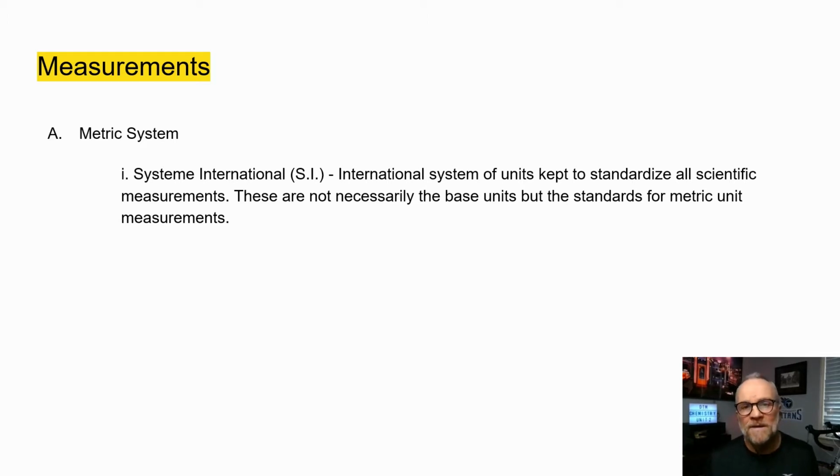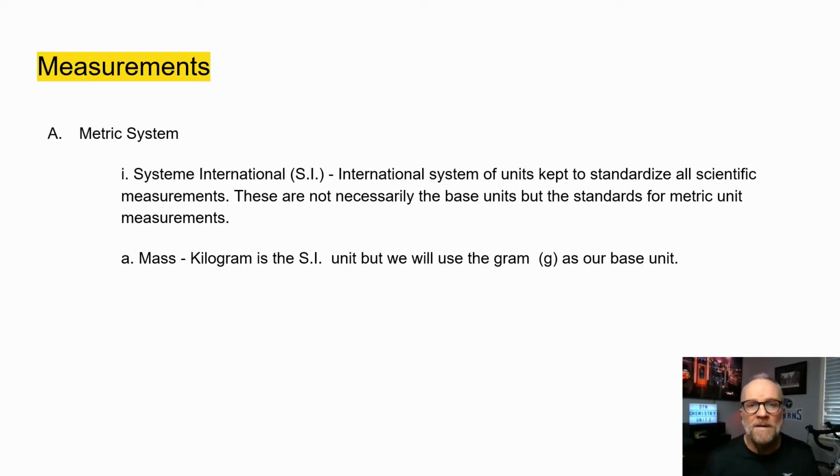Probably the only thing that's a little bit different in the base units and the SI units is mass. We say the base unit for mass is the kilogram. That's the SI unit, but we use the gram as our base unit. One gram of a substance is quite a bit of a substance, and so we switch over to grams because it's a slightly smaller subset and is easier to work with as our base unit.